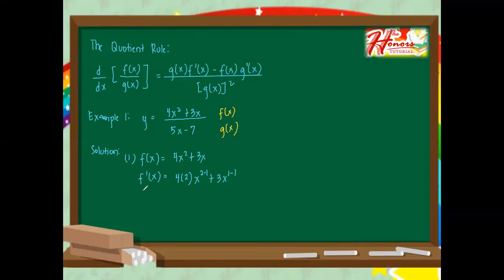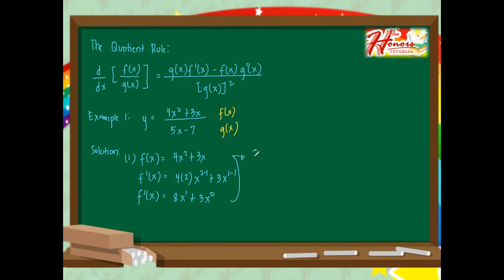Next, f prime of x is equal to 4 times 2, that's 8. X raised to 2 minus 1, that's 1. Plus 3x raised to 1 minus 1, that's 0. Next.